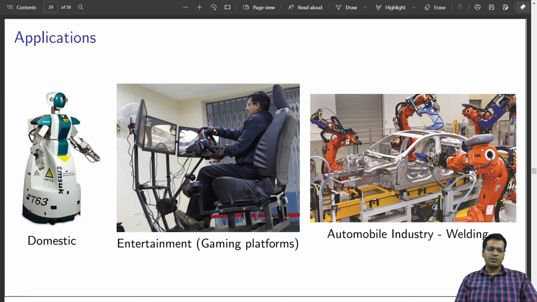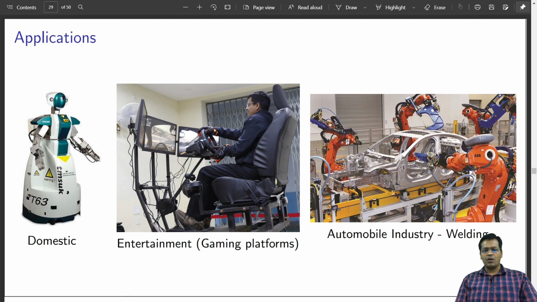You have a domestic robot when you may need a robot to take care of elderly people at home. Entertainment or a gaming platform is a platform you can ride on top of, with virtual screens where you can see live games, and you can feel the vibration, you can feel the real motion around you while playing the games live.